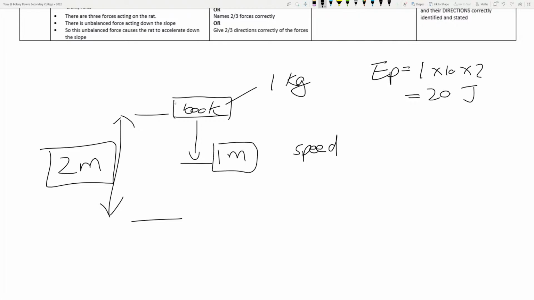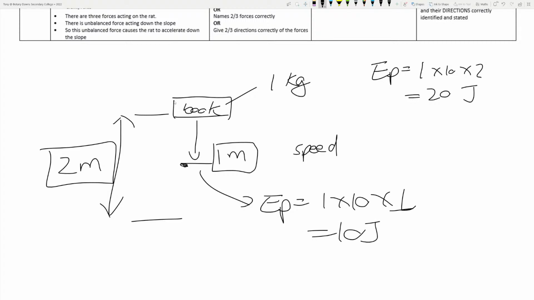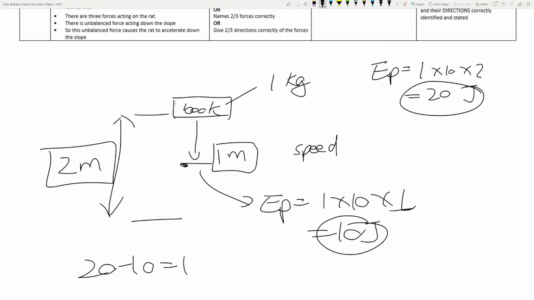When it gets to 1 meter, how much EP does it have? It will be 1 times 10 times 1, because the height is now 1 meter. So that's 10 joules. I had 20 joules, now it's 10 joules. Where did the 10 go? If you do 20 minus 10, where does this 10 joules go? This 10 joules would have turned into EK.